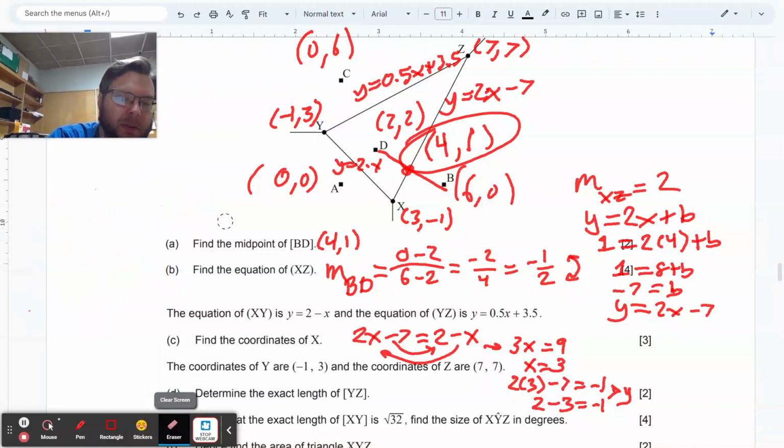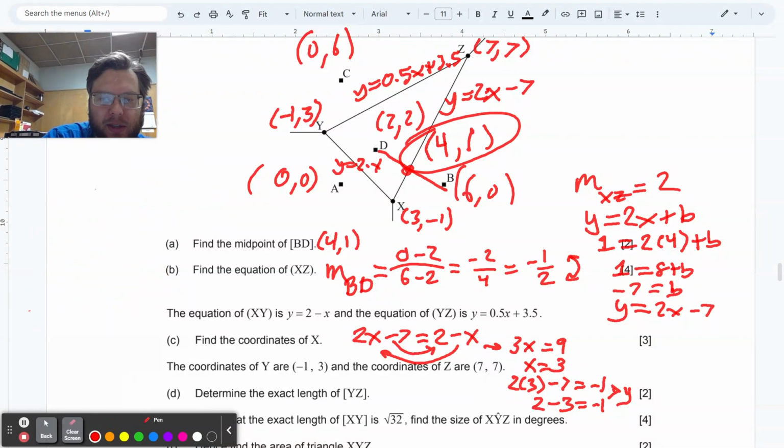So we can use the law of cosines to find the angle because we know all three sides.